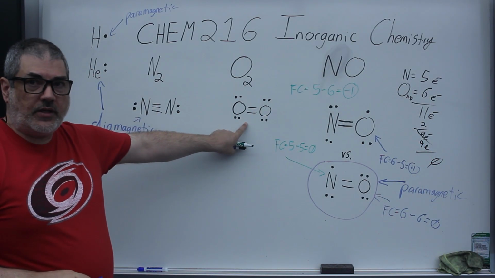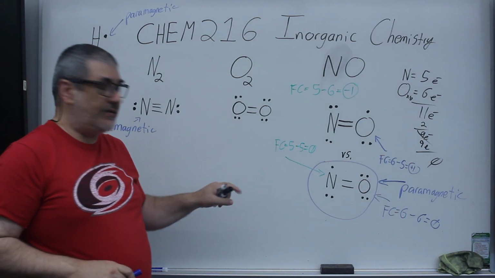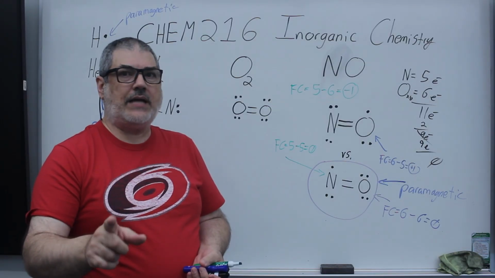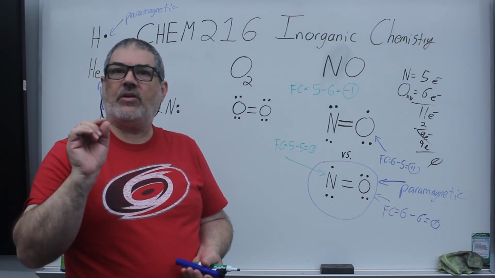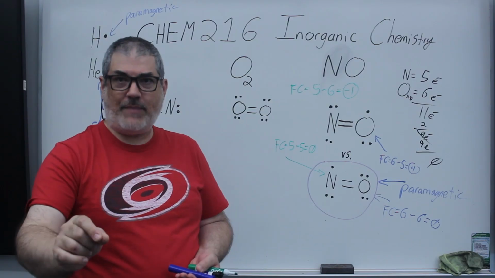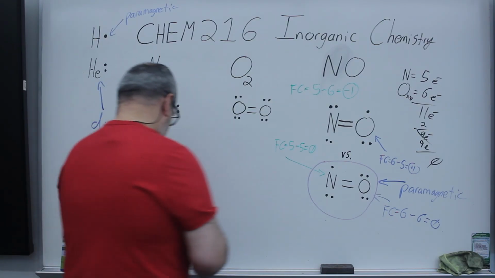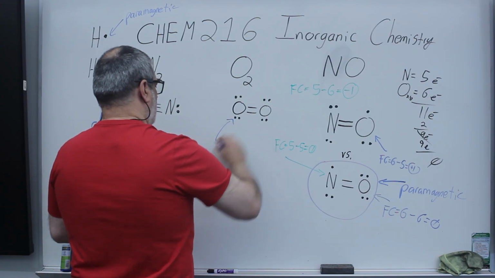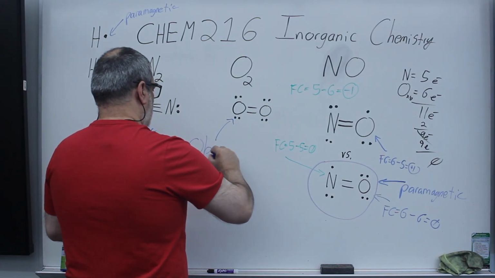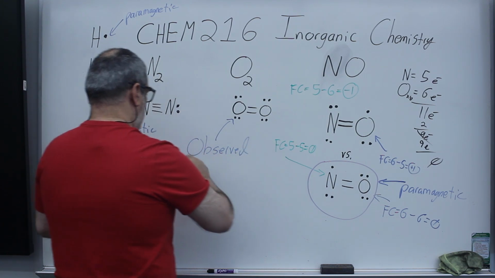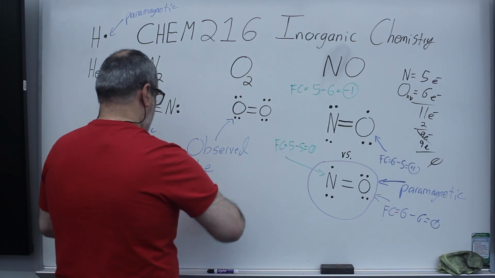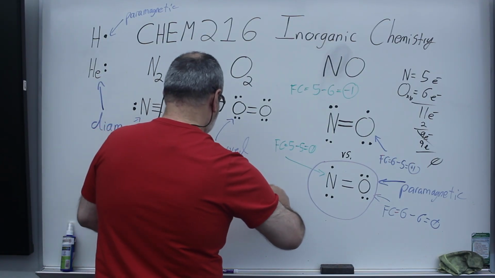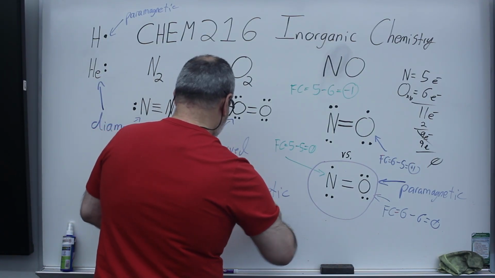And oxygen, O2, dioxygen, we predict that it's diamagnetic, but it's observed to be paramagnetic. Write that down. Okay.